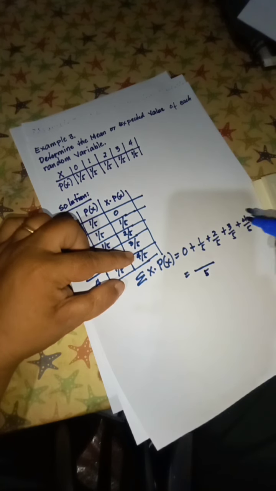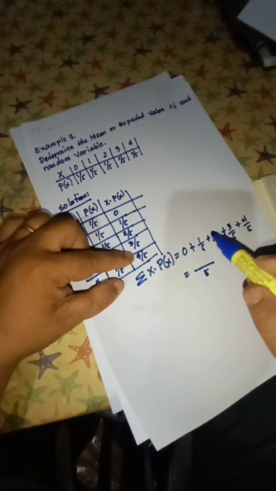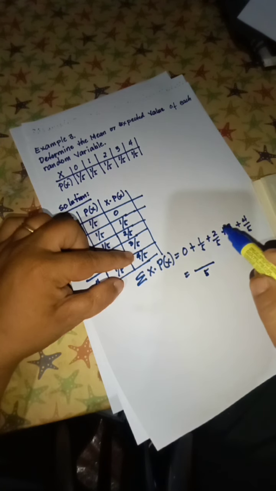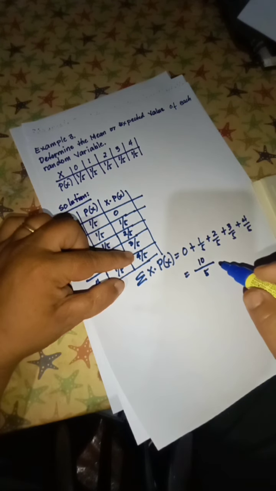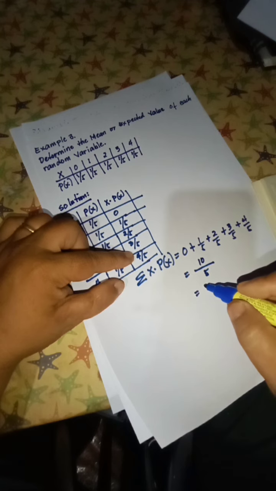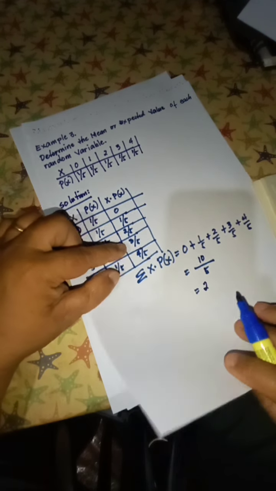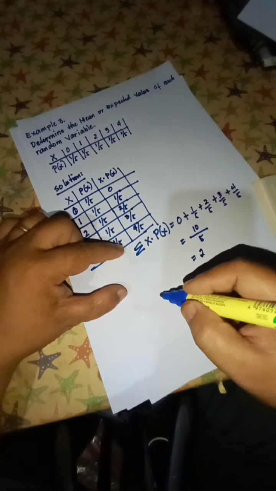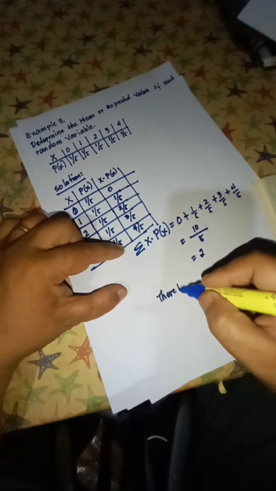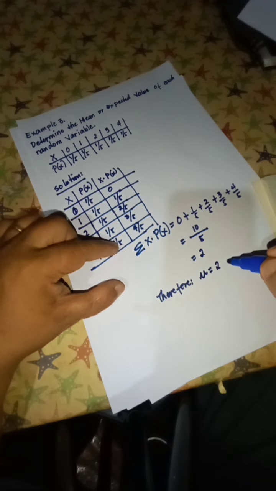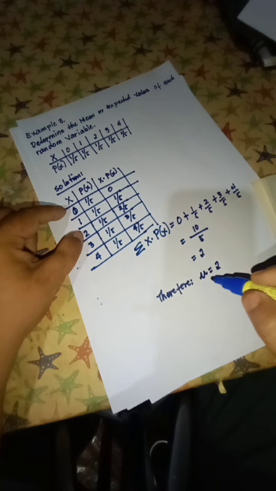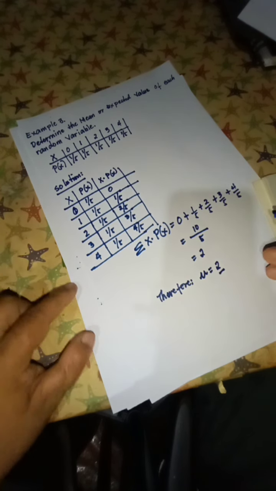Copy the common denominator, then we add the numerators. 1 plus 2 is 3, 3 plus 3 is 6, 6 plus 4 is 10. So 10 divided by 5 is 2. So therefore mu is 2. All right.